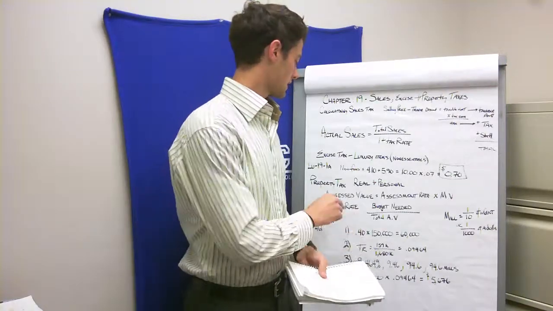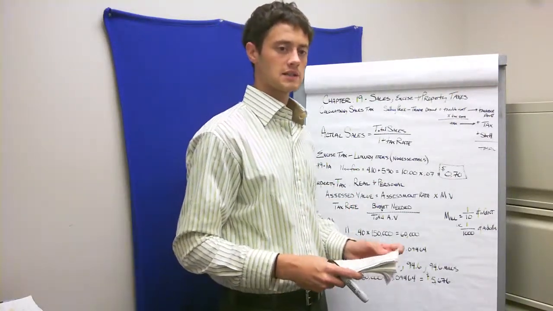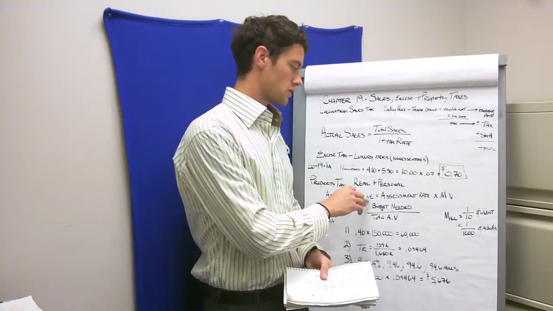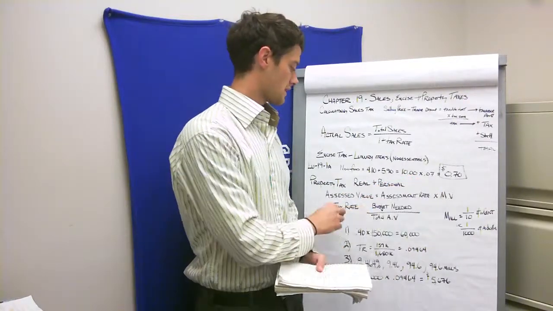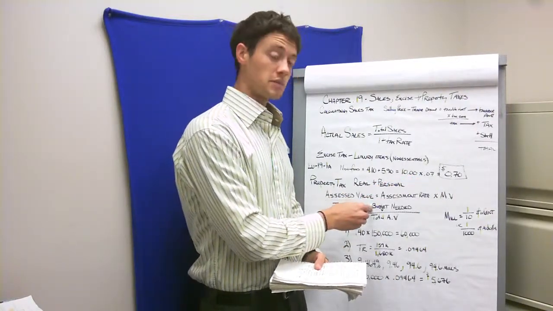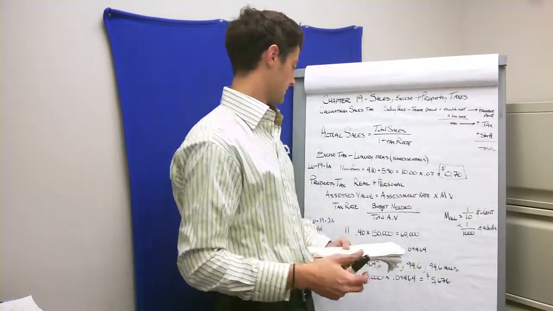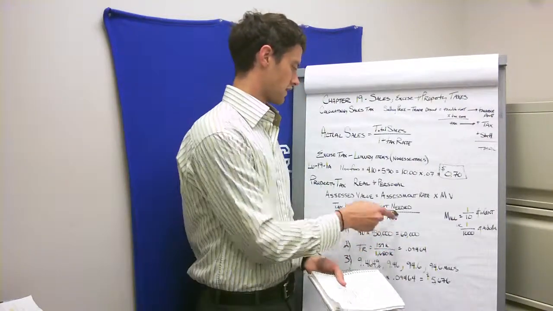He tells a story about Bill going to the tax assessor. Basically there's an assessed value, which is the assessment rate times the market value. And then the tax rate is the amount of budget that they need to raise divided by the total assessed value.